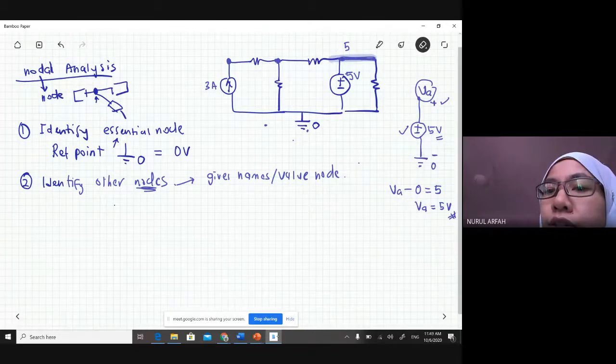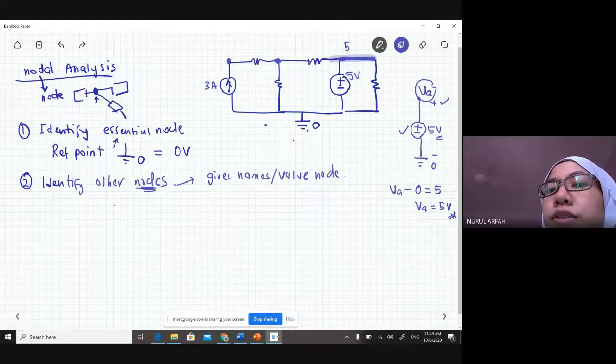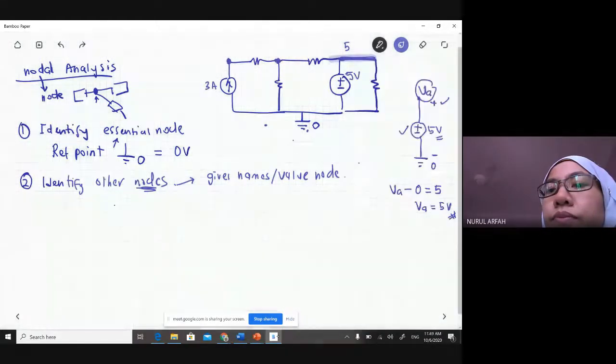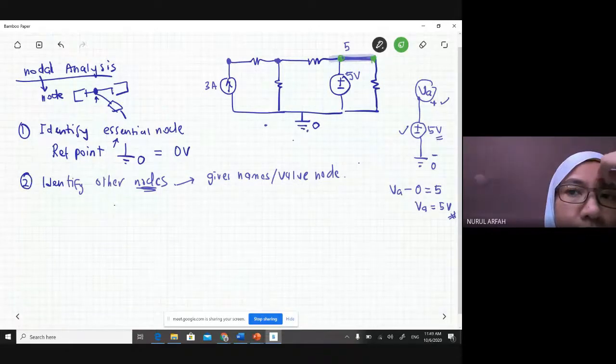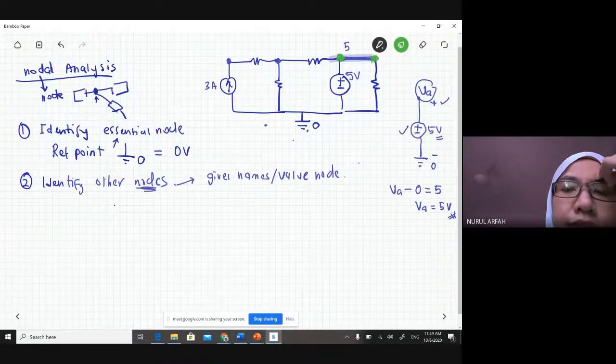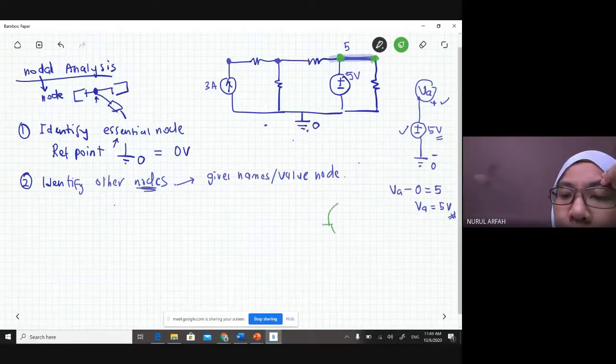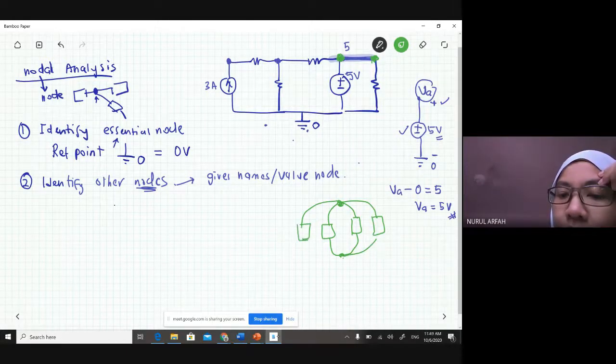So if you look here, is this node and this node, are they the same? Can you see it? Yes, they are the same, right? And remember, if we have elements connected in parallel like this, as long as they are connected in parallel, all voltages are the same.